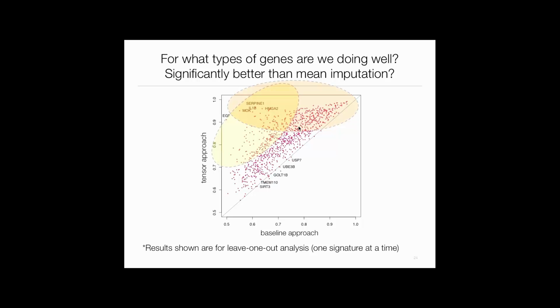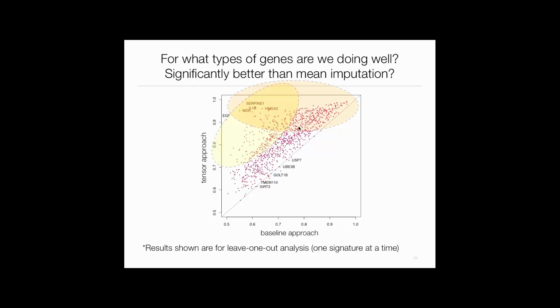So the hypothesis that the baseline approach is making is that a drug's effect on gene expression is not cell-specific. Does that make sense? And so the tensor approach is hopefully picking up on some more cell-specific patterns and looking at the patterns across the entire tensor.